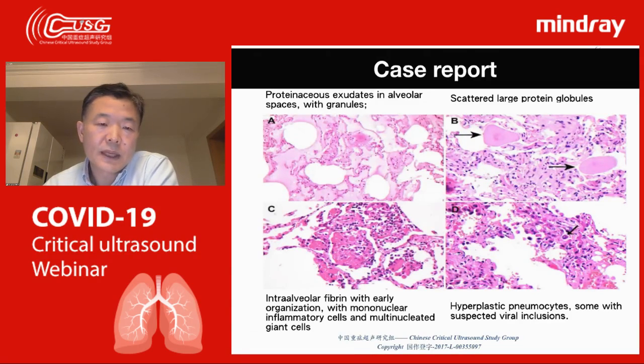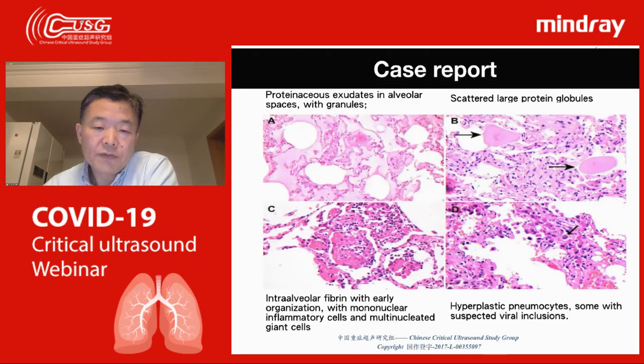You see exudates in the alveolar space and lots of granulations, intra-alveolar fibrin with early organization, mononuclear and other inflammatory cells, hyperplastic pneumocytes, and some with suspected viral inclusions.